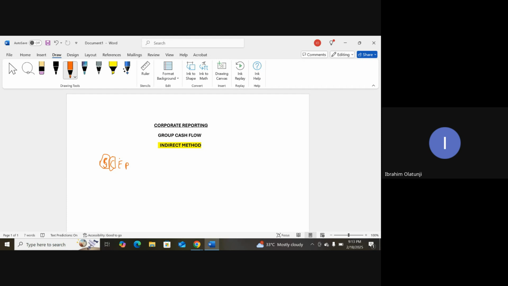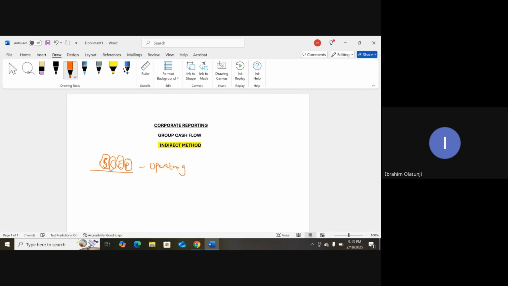C represents customer. You focus on the amount that you pay to your employee. E represents employee. And you also focus on the other expenses that you paid. That is what I'm putting P. The other expenses paid. So that is for calculating operating activities under the direct method.